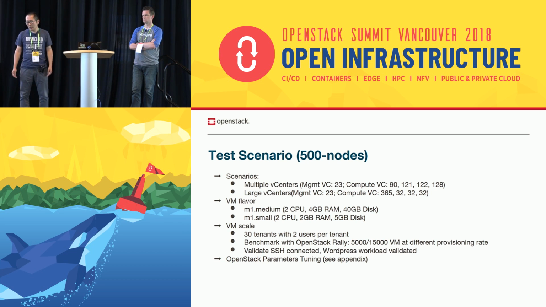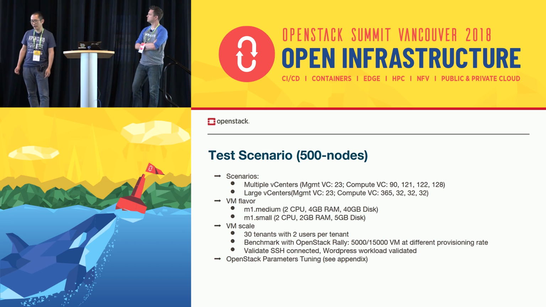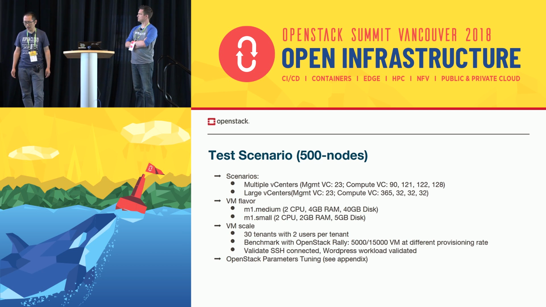For the VMs, we are using 2 flavors. One is m1.medium, and the other is m1.small. For the virtual machine scale settings, we are using 20 tenants and 2 users per tenant.